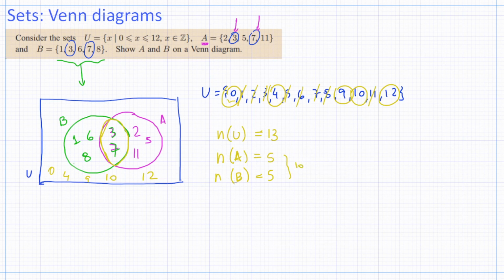However, if we actually notice, the number of elements in both A and B would simply be 8, right? And then with the 5 that we have outside, it would add up to the number of elements in our universal set.